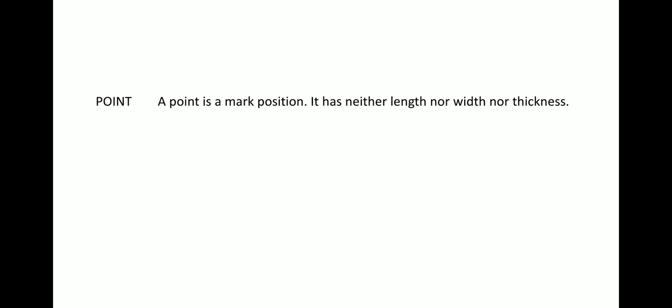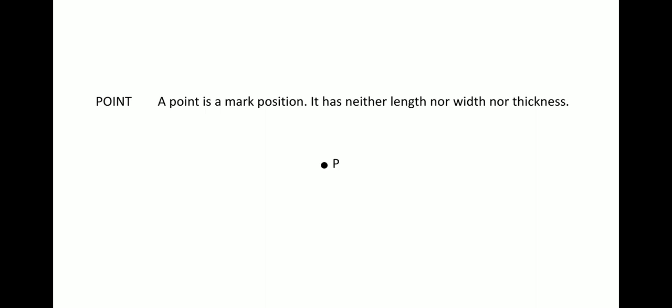Point. A point is a marked position. It has neither length nor width nor thickness. Or in other words, we can say that it has no dimensions. A dot represents a point and a letter P also represents a point.